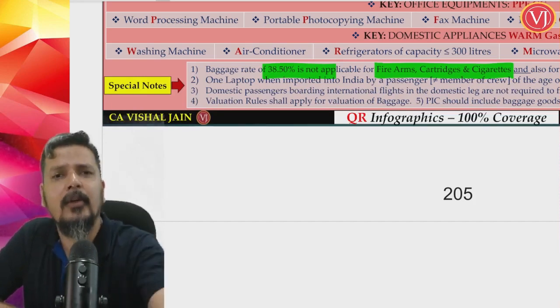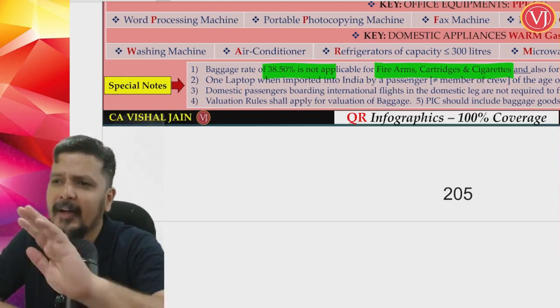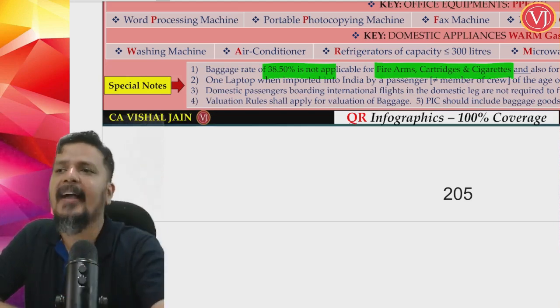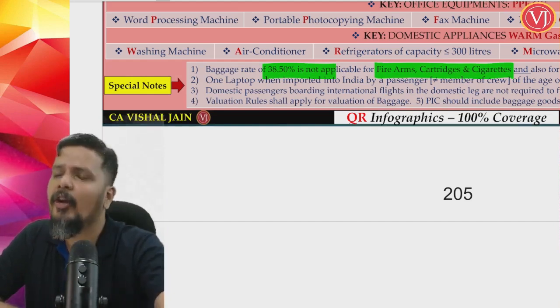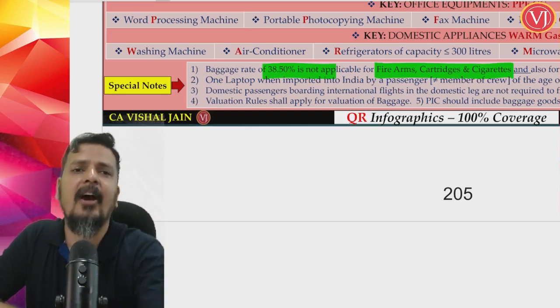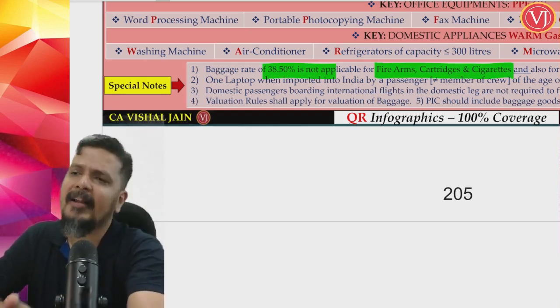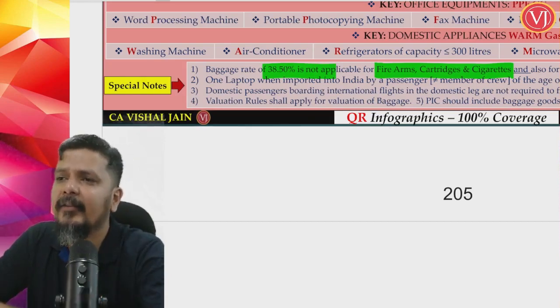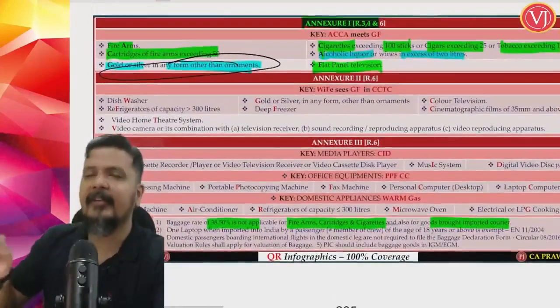Assume that you went to USA and China and brought only a flat panel television. You got nothing else. You have your leftover baggage exemption of 50,000. You cannot use it. You have to pay on the full value of the flat panel television at 38.5%. All other items will attract 38.5%. Right. This is Annexure 1 items.